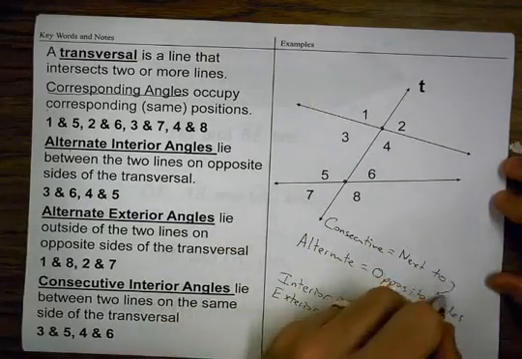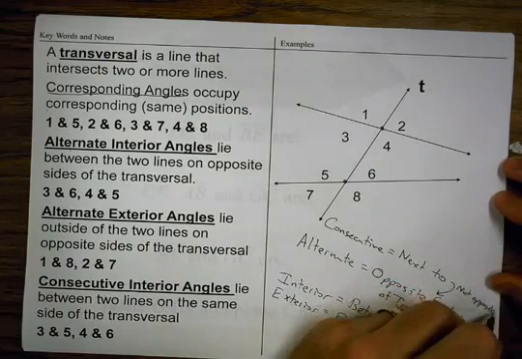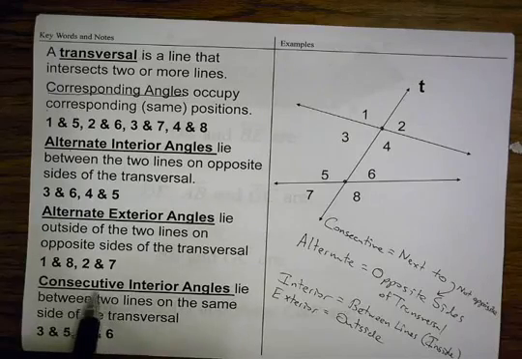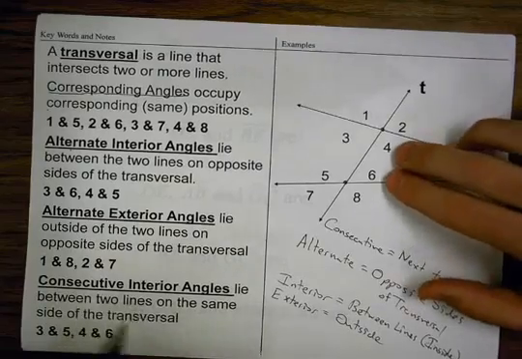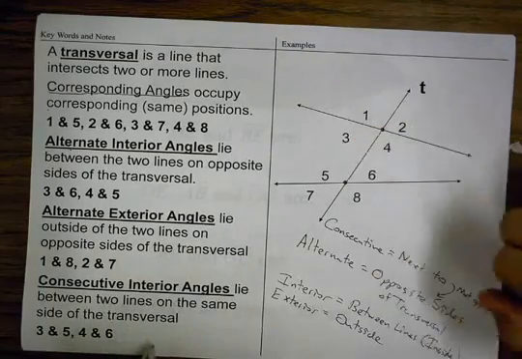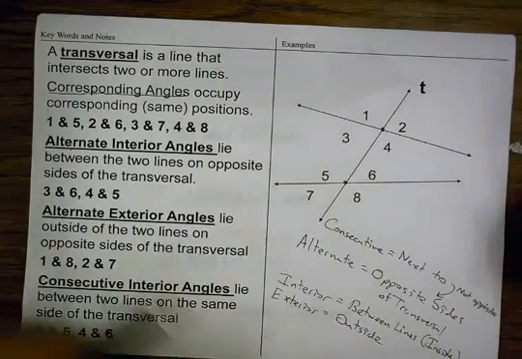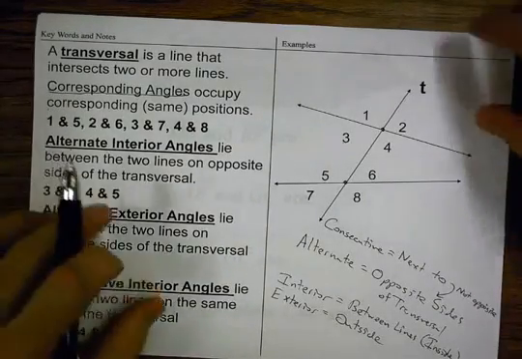Now, it's not opposite. And that's really where it's going to help. It's not on opposite sides of the transversal. So, consecutive interior, in between the lines on the same side. 4 and 6, 3 and 5. So those would be our consecutive interior. These are the key terms. They will kind of determine where the location is, corresponding to the other one, and that is same location.